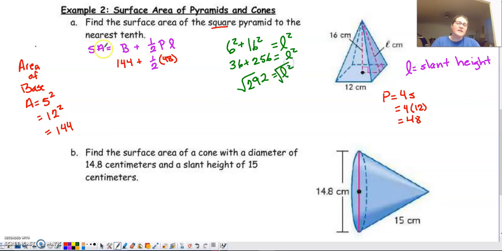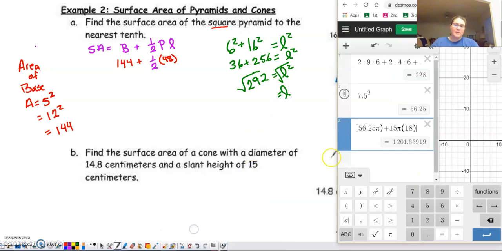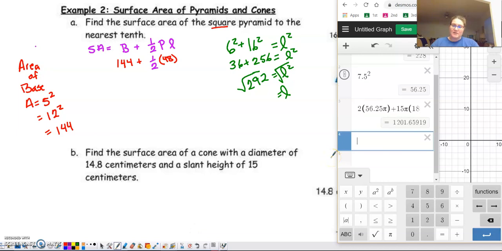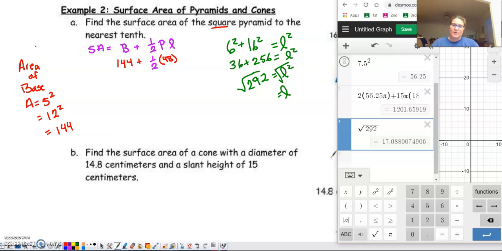But since I'm going to be rounding to the nearest tenth here, I'm going to go ahead and just use the calculator to find my slant height. Since I know I'm rounding at the end, I can go ahead and just use this square root of 292 in the calculator. So I'm going to go to my calculator and I'm going to type in, what is the square root of 292 in decimal form?